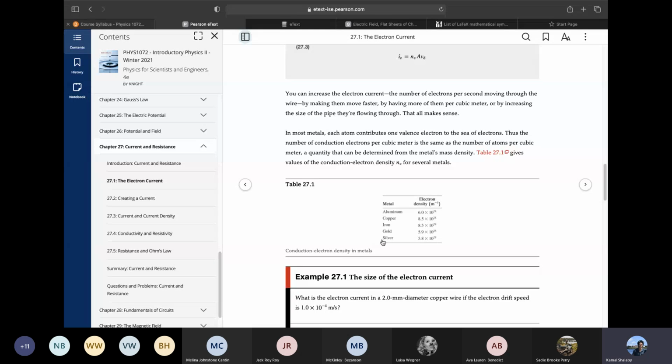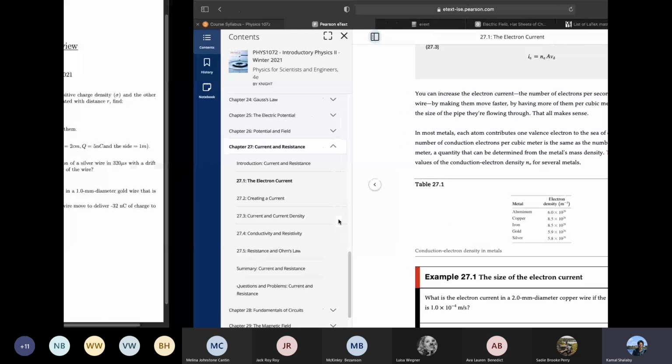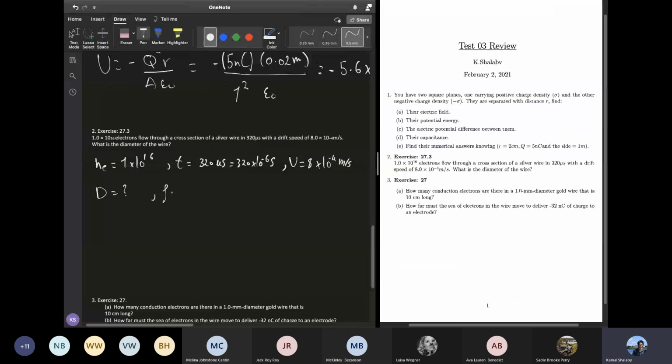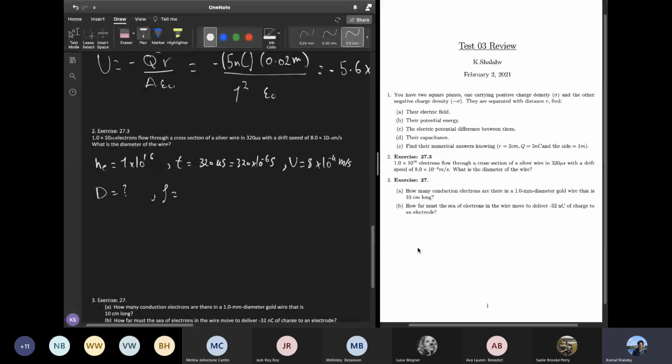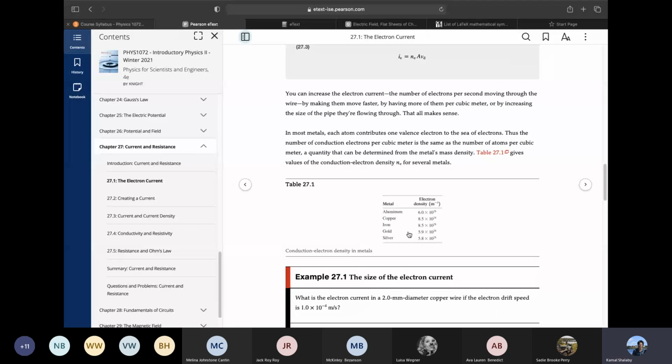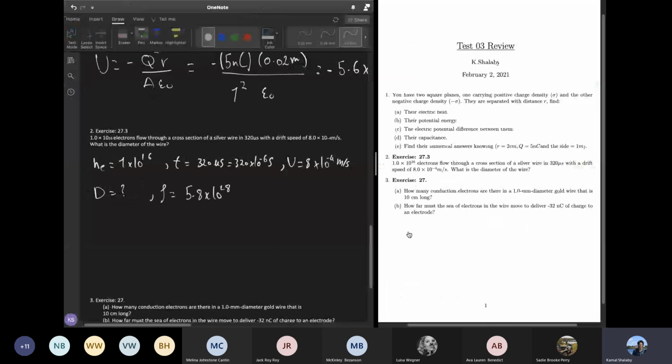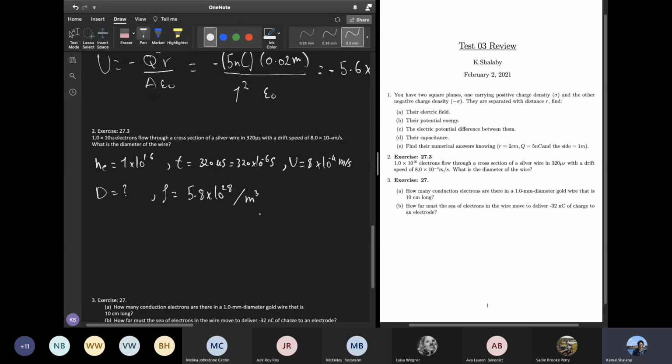Okay, so there is a missing thing we need to know. The density of the electrons is 5.8 times 10 to the power of 28 electrons per meter cubed. So we need to find the area, and from it the diameter.